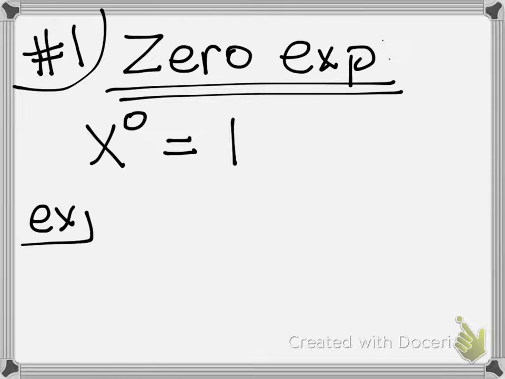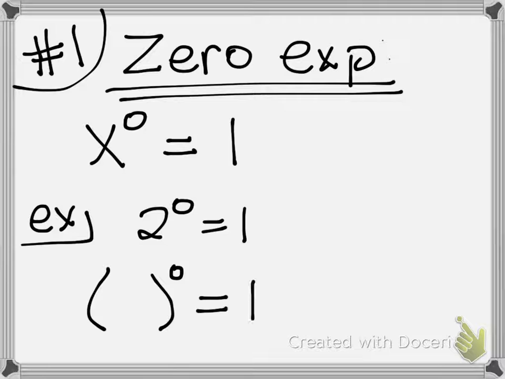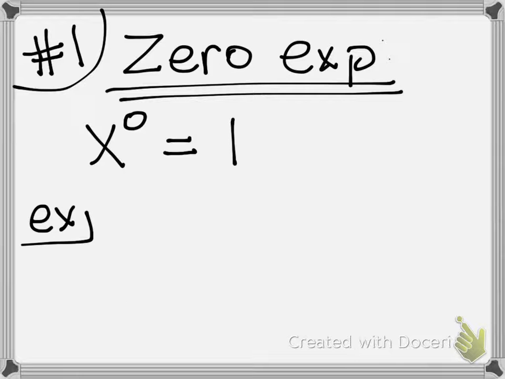Couple examples here. If you have 2 to the 0 power, that equals 1. If you have a quantity to a 0 power, doesn't matter what's inside the parentheses, it's going to equal 1. For example, if it was x squared quantity to the 0 power, that's 1. An outrageous example would be something like this.